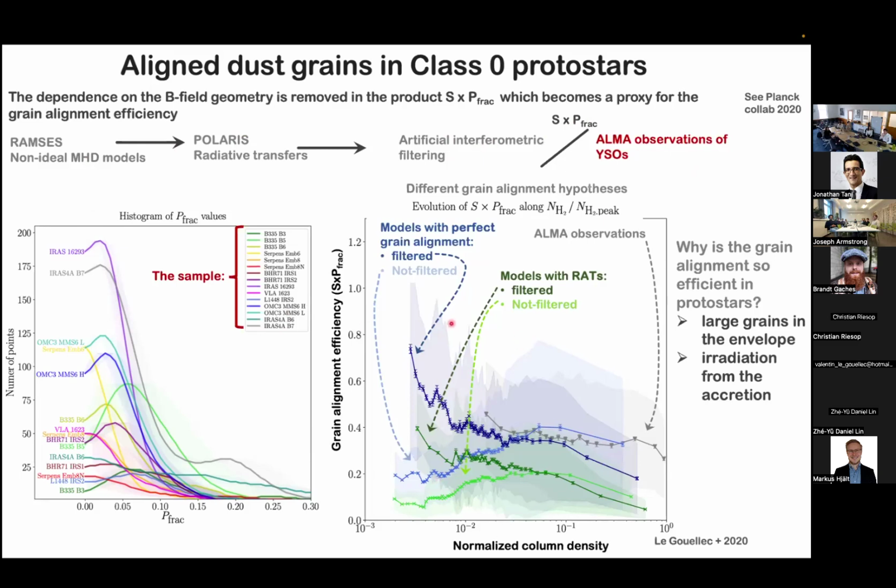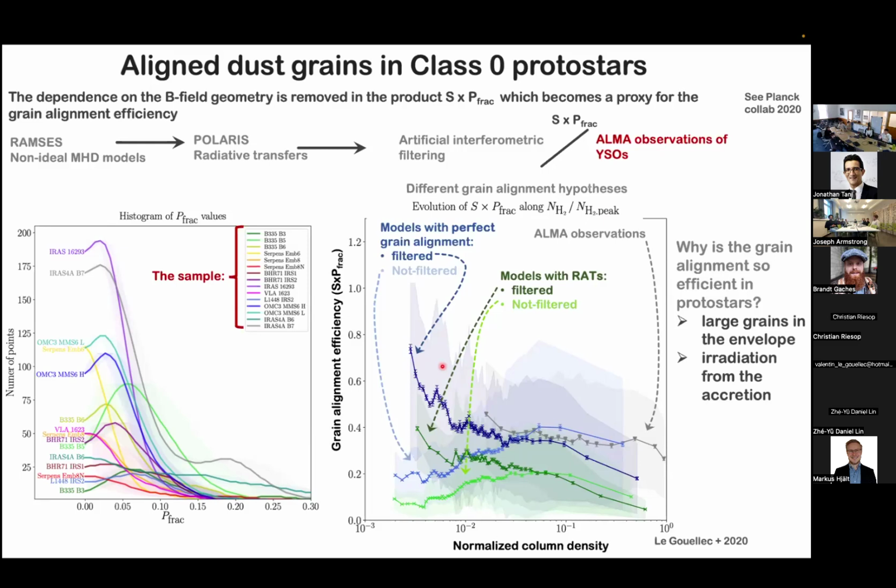And one thing that we found is that actually the filtering has some effect on the polarization quantity. It tends to artificially increase the polarization quantity, because when you think of it, Stokes I has a typical power spectrum. Stokes Q and U have a different one, because the power spectrum depends on the power spectrum of Stokes I plus the power spectrum of the morphology of the magnetic field and how it depends with scales.